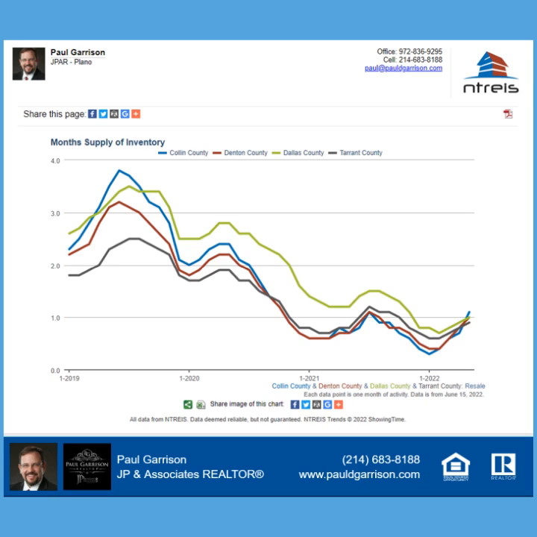We're still in all 4 counties right at about a month's worth of inventory. Keep in mind that 0 to 6 months is considered a seller's market, 6 to 7 months is considered a neutral or balanced market, and anything above 7 months of inventory is usually considered a buyer's market. We still have a long way to go before we are in a buyer's market.